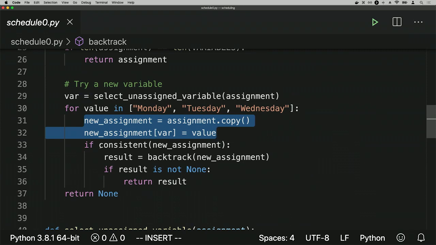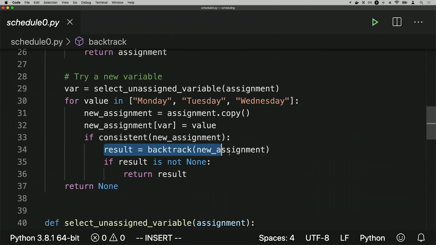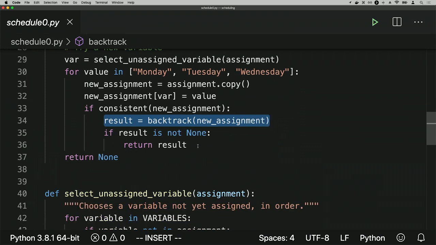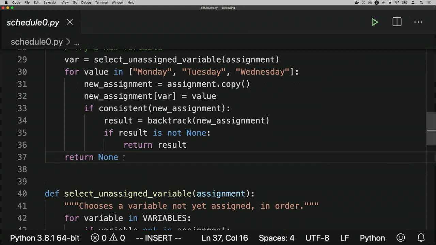I'll call this consistent function, which I'll show you in a moment, that just checks to make sure this new assignment is consistent. But if it is consistent, we'll go ahead and call backtrack to continue trying to run backtracking search. And as long as the result is not none, meaning it wasn't a failure, we can go ahead and return that result. But if we make it through all the values and nothing works, then it is a failure. There's no solution. We go ahead and return none here.